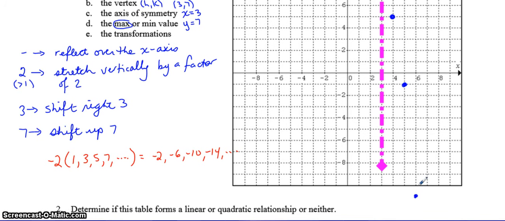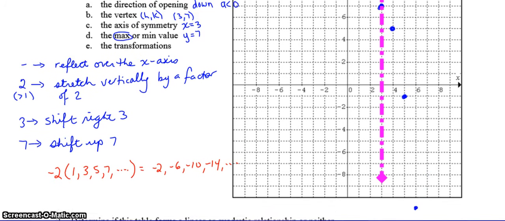If it goes off the grid, you don't really have to graph it. And the same on the other side. Over 1, down 2. Over 1, down 6. Over 1, down 10. And then you do your very best to graph this.